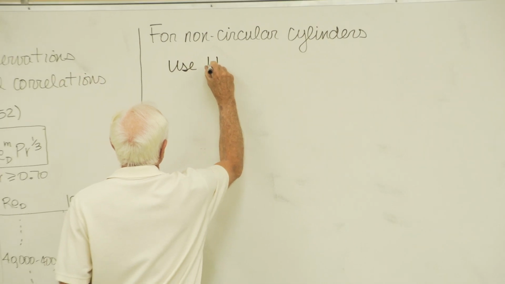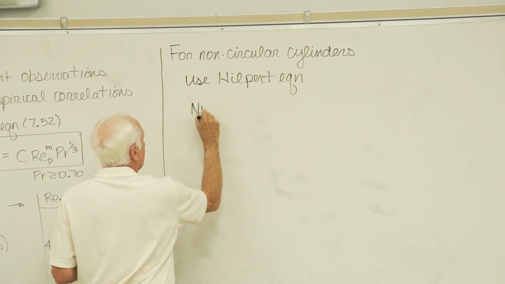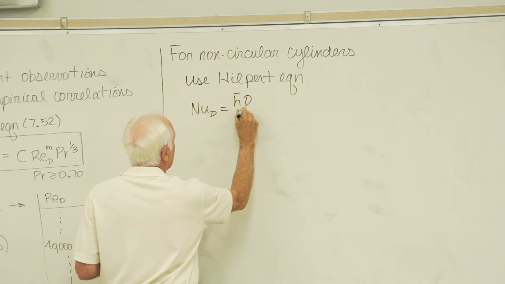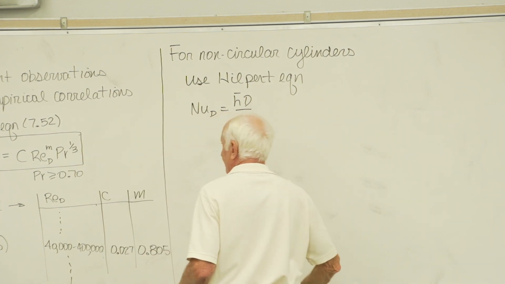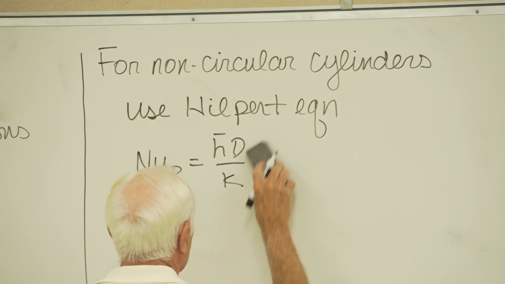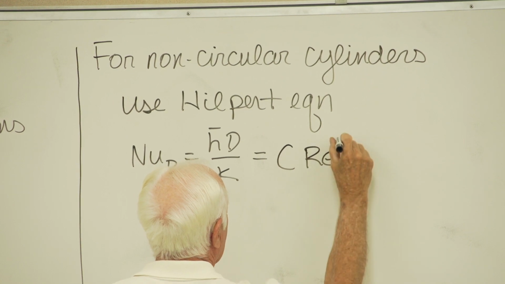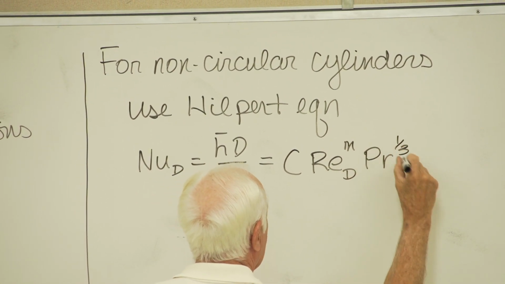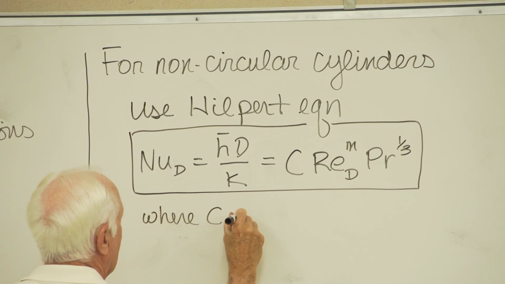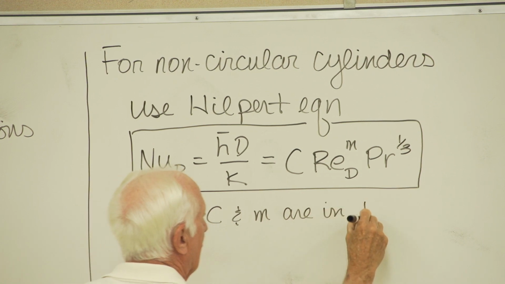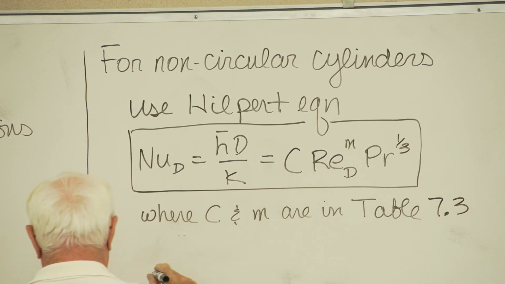First of all, we use the Hilpert equation, Nusselt D equals C Reynolds to the m, the same as that one there. The constants are in table 7.3. So here's table 7.3.